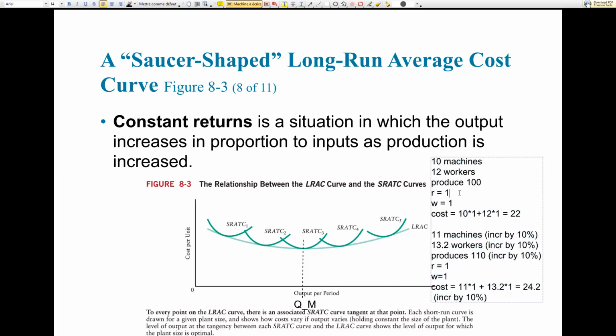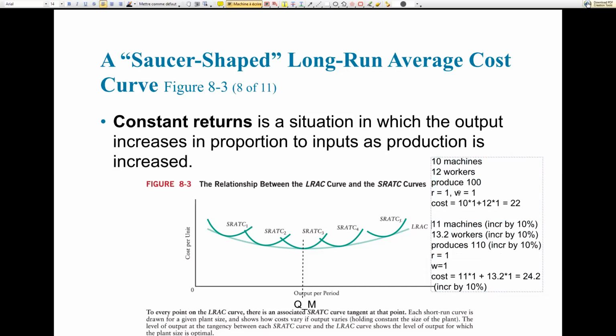Okay. I'm going to put this here to be more precise. And the cost per unit, 22 divided by 100, 0.22.